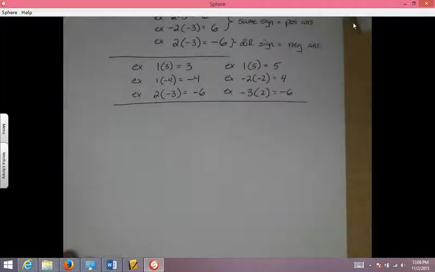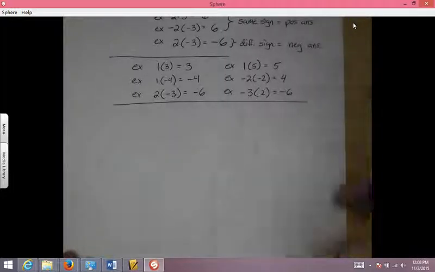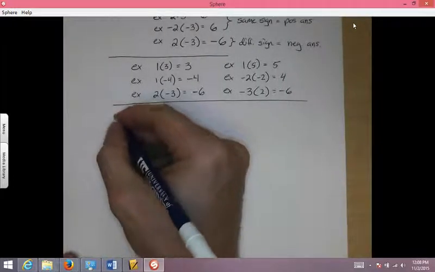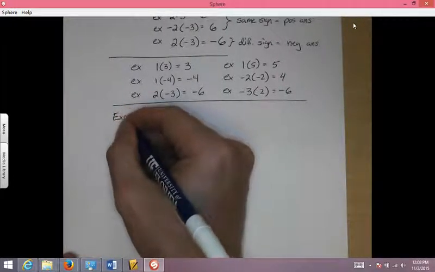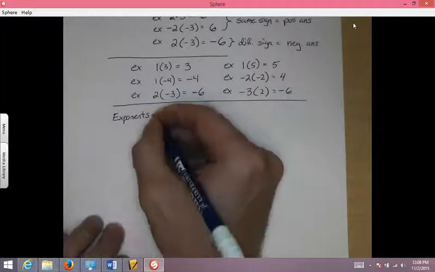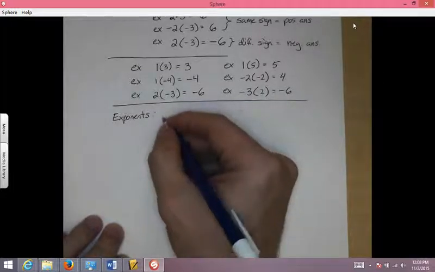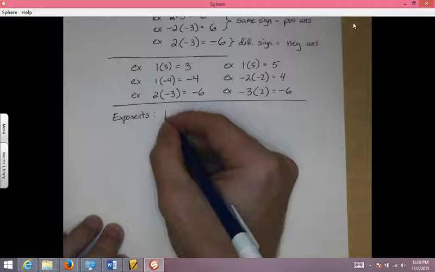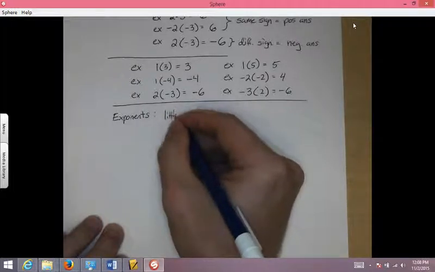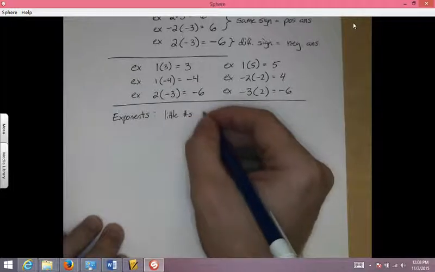And this is hopefully a review for you. If it's not, make sure you're paying close attention to this. And this is exponents. Okay, exponents. The non-technical definition is they're little numbers. They're the ones in the top right corner.